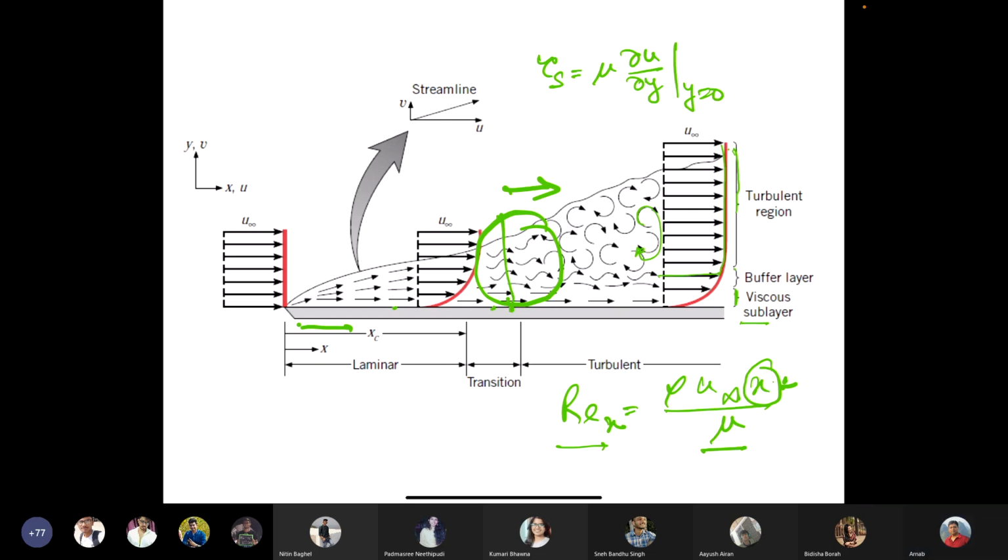Now, this Reynolds number, we knew that when there is a flow inside a pipe, for the flow to be in turbulent regime, the Reynolds number has to be how much?